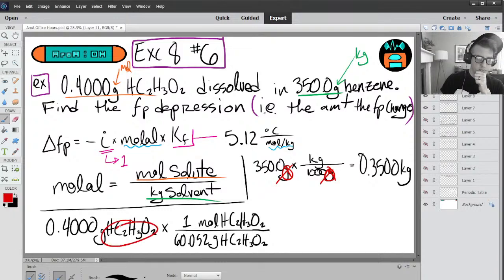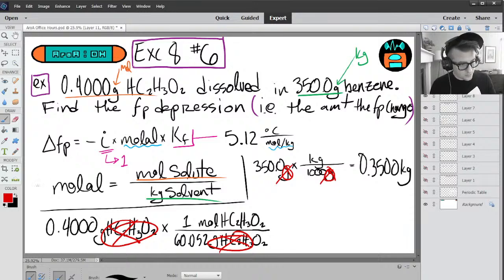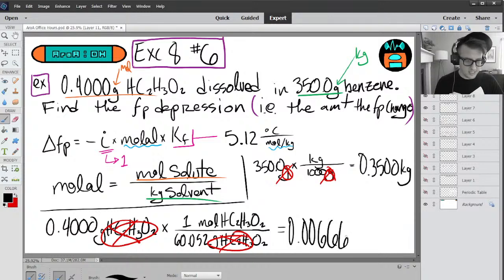Got 1 mole. Grams cancel. And again, I'm busting out my calculator because I can't do this in my head. So 0.4 divided by 60.052 comes out to be 0.00666 moles of acetic acid.